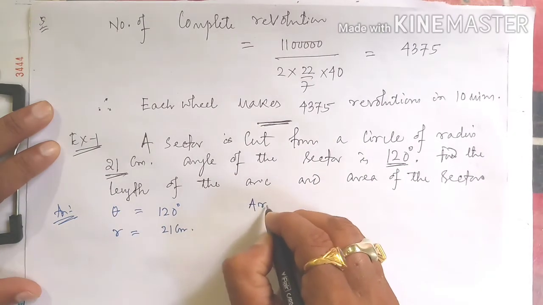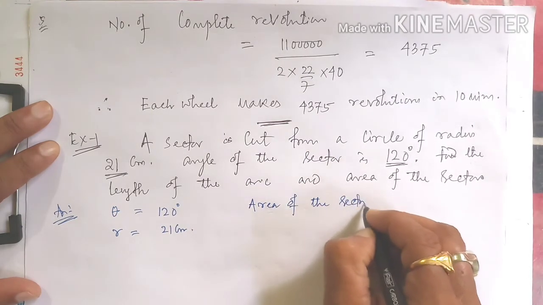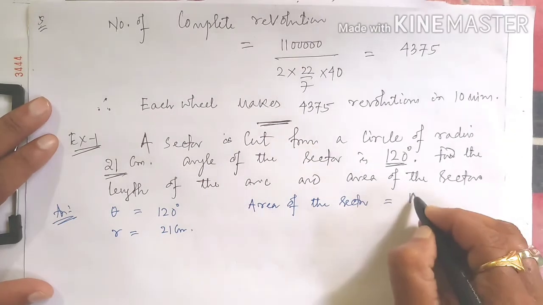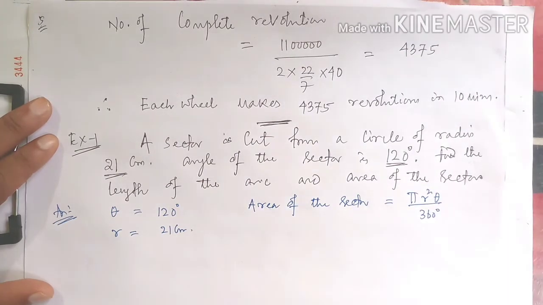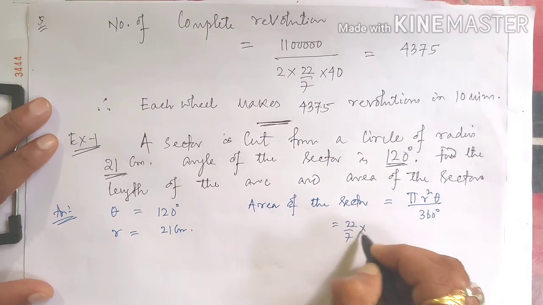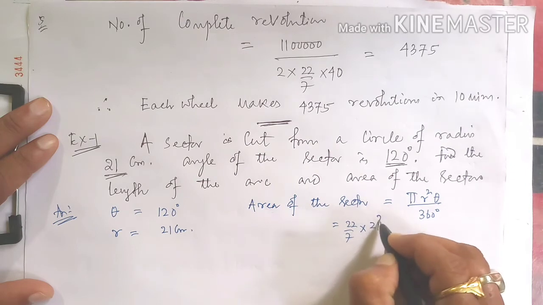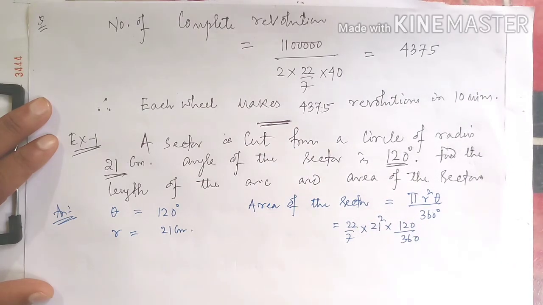Area of the sector equals pi r square theta by 360 degree. That is pi r square, 21 square, theta is 120 divided by 360.